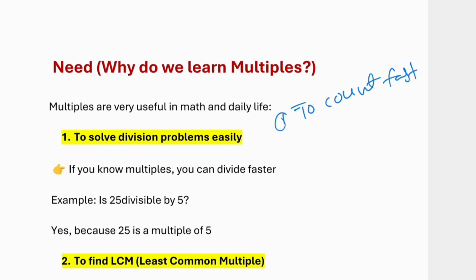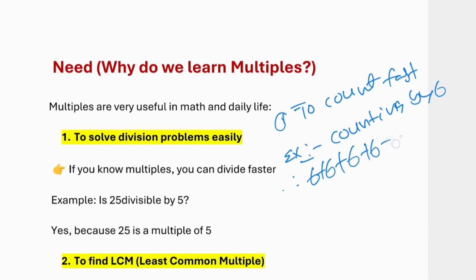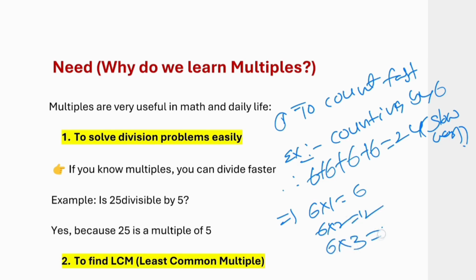For example, counting by 6. In repeated addition, 6 plus 6 plus 6 plus 6 is equal to how much? 24. This is the slow way. And 6 ones are 6, 6 twos are 12, 6 threes are 18, 6 fours are 24.